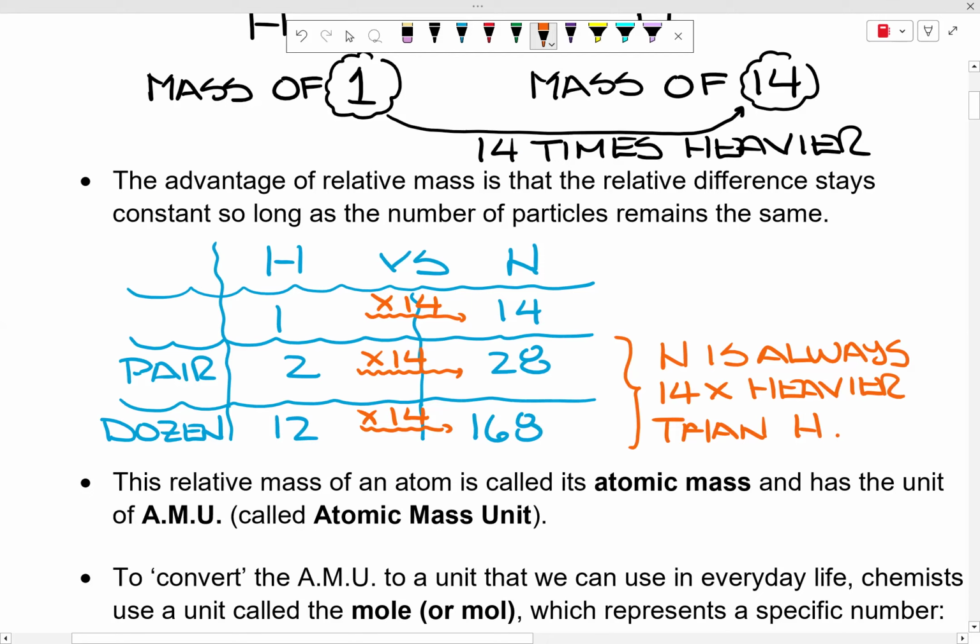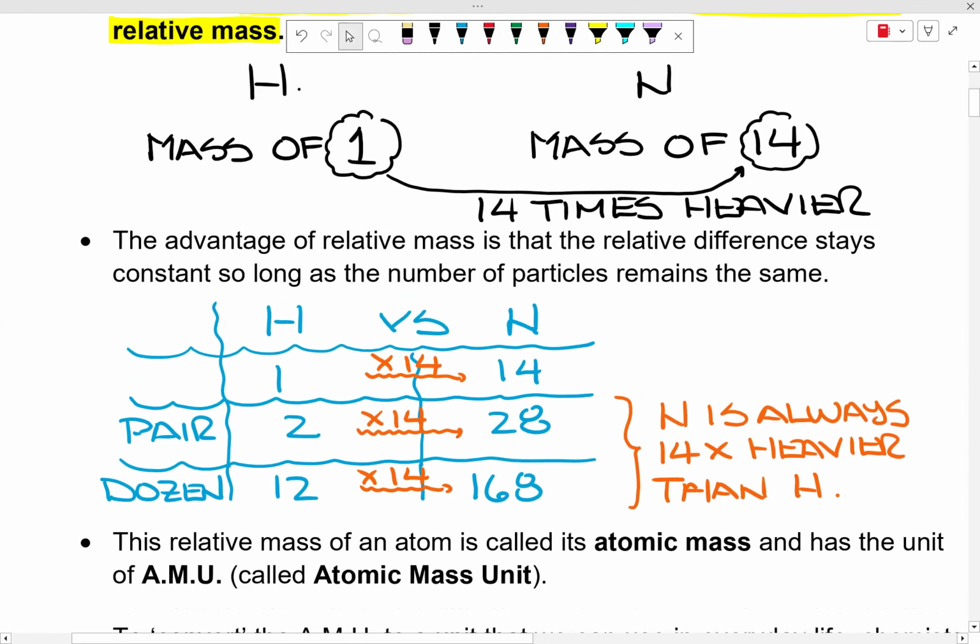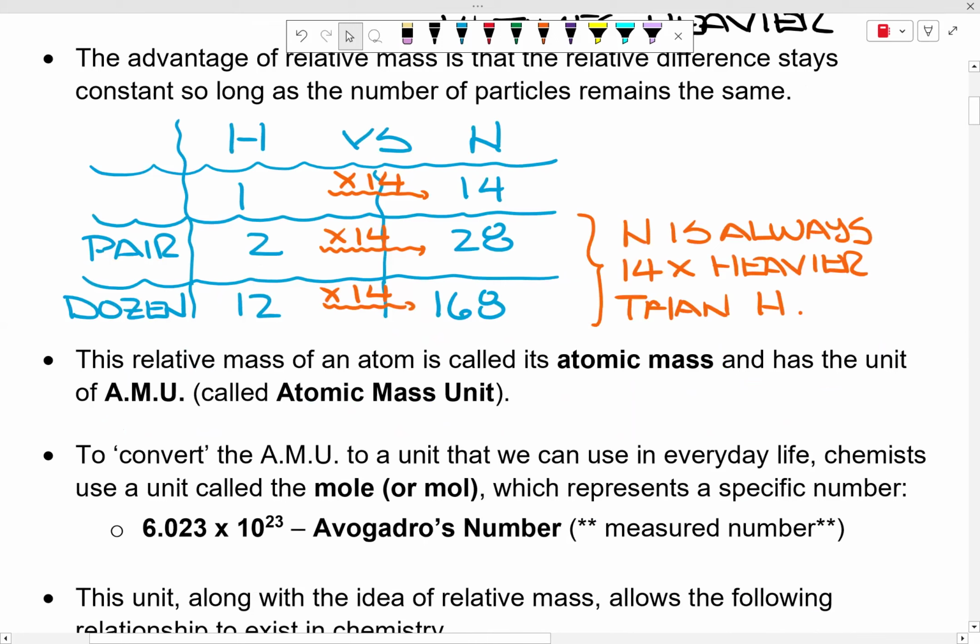So that's the one advantage of relative mass: this ratio always remains constant so long as the number of particles remains the same. Now, the relative mass of an atom is called its atomic mass and has the units of AMU, or atomic mass unit.